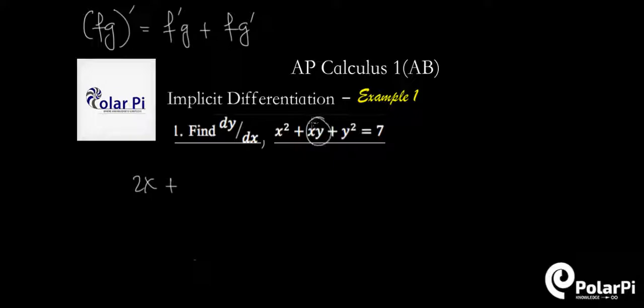and now applying the product rule here, where f is x and g is y, we'll have f prime, the derivative of x, which is just 1, times g, so times y, and then plus f, which is x, times the derivative of g, and since g is y, the derivative of y is 1 times dy dx, and so just dy dx. And this is what I'm talking about.